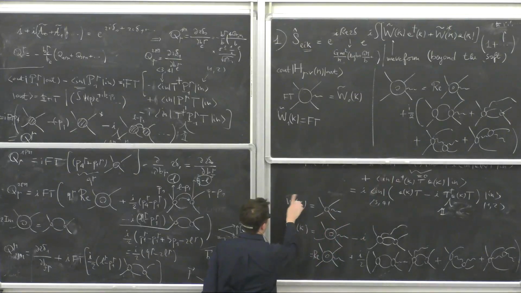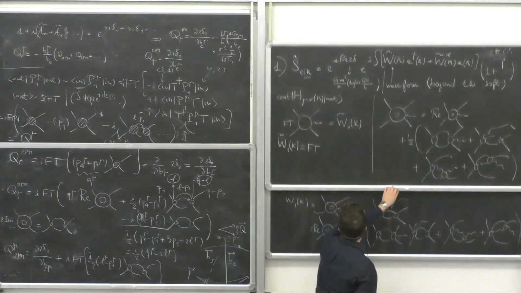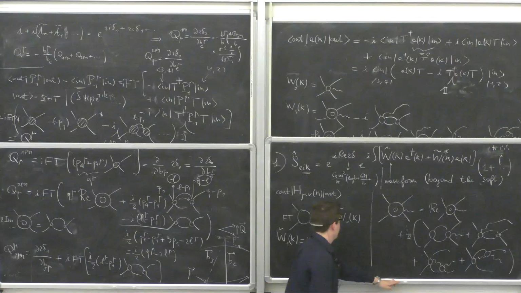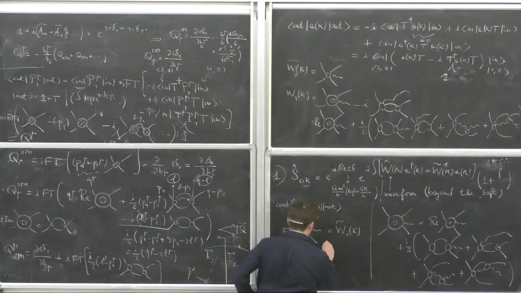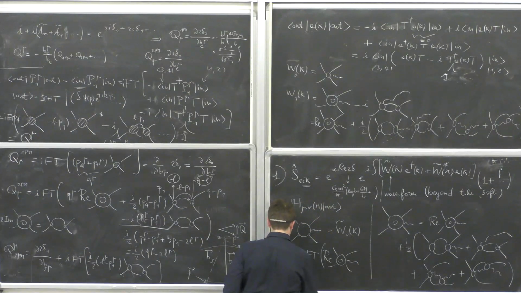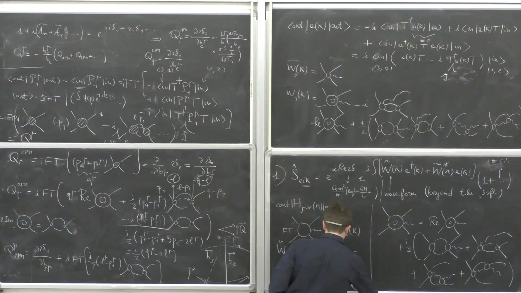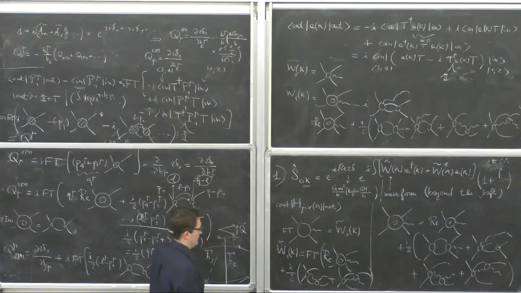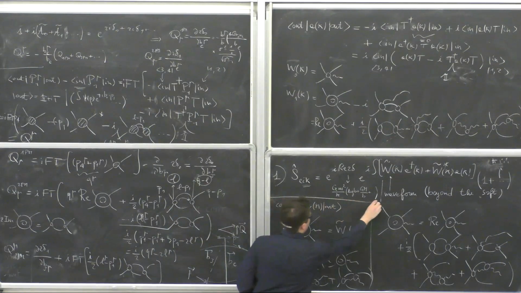Let me remove the tilde. In order to get the one loop waveform, it is the real part of the 2-to-3 amplitude plus I half only these cuts here. Okay, so this is somehow the conclusion.